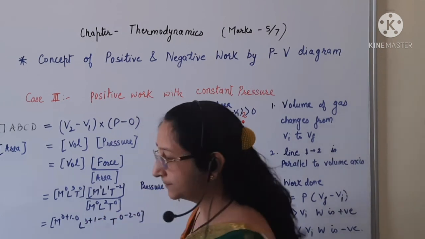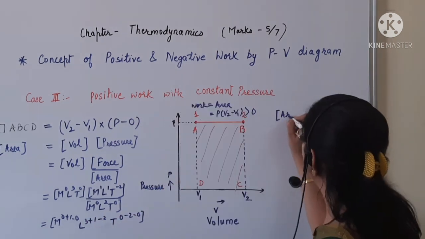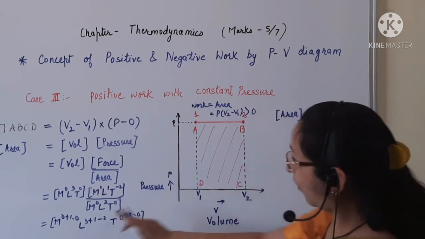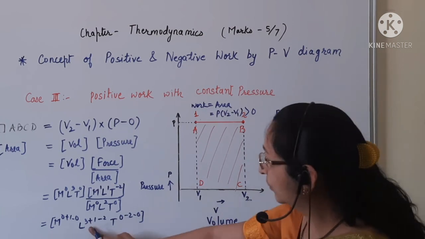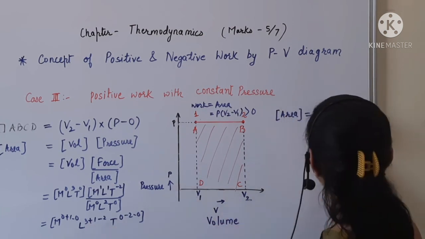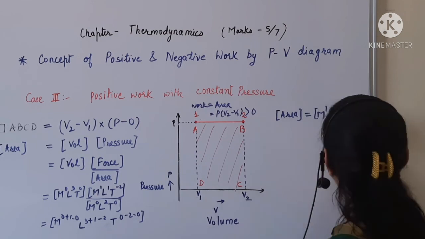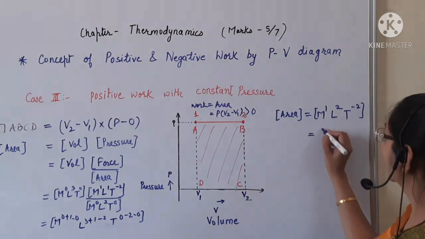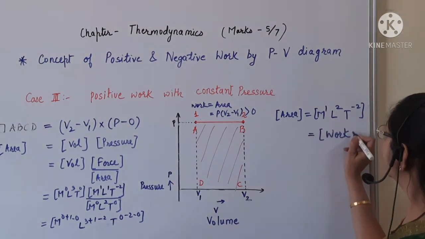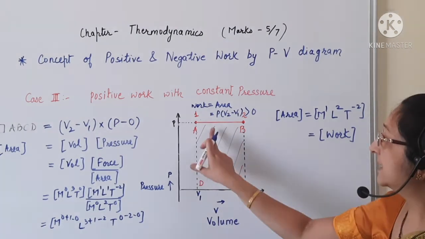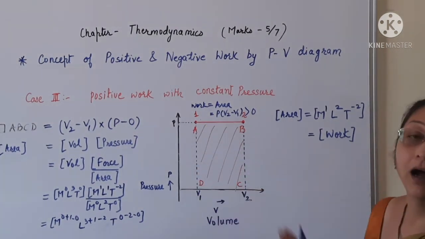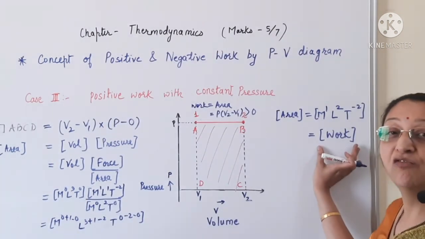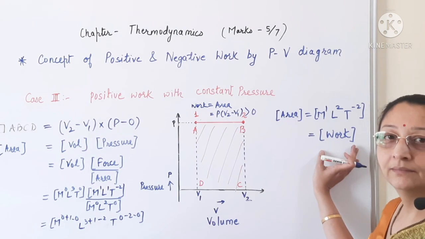So we get the dimension for the area equal to M to the power 1, L to the power 3 plus 1 is 4 minus 2, so L to the power 2, and T to the power minus 2. This is the same as the dimension of work. Hence, we say that the area under the curve or this line represents the work done. Thank you.